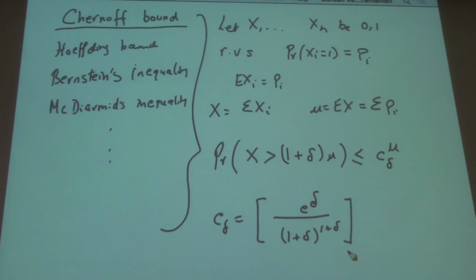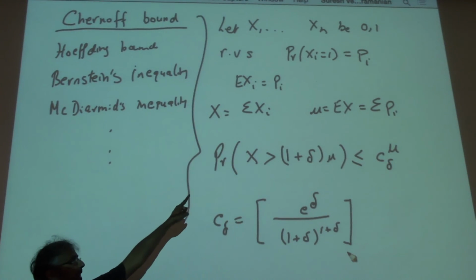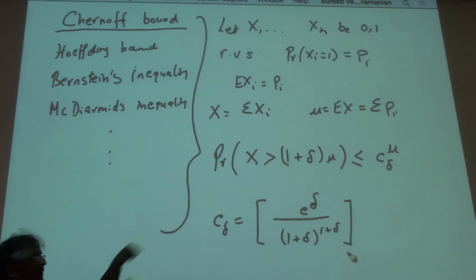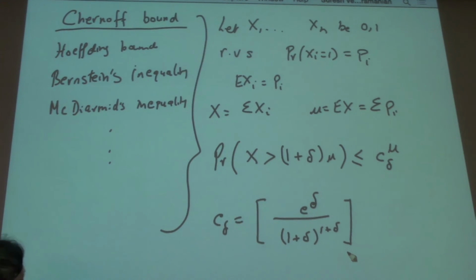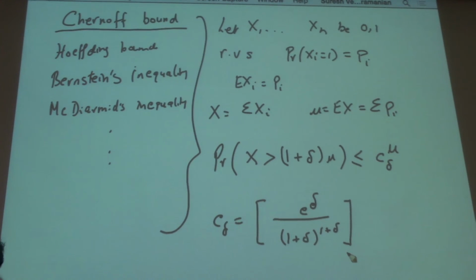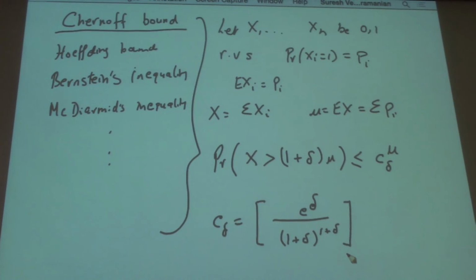So again, before I go into this in any detail, let's try to parse what this is telling us. It's a tail bound. It's saying what is the probability that x is far away from mu. You should now think of delta as something small, like 0.1, because now we have the power with this bound to make very precise statements about deviations from the mean. So what is the probability that I'm 1.5 times the mean, 1.6 times the mean?